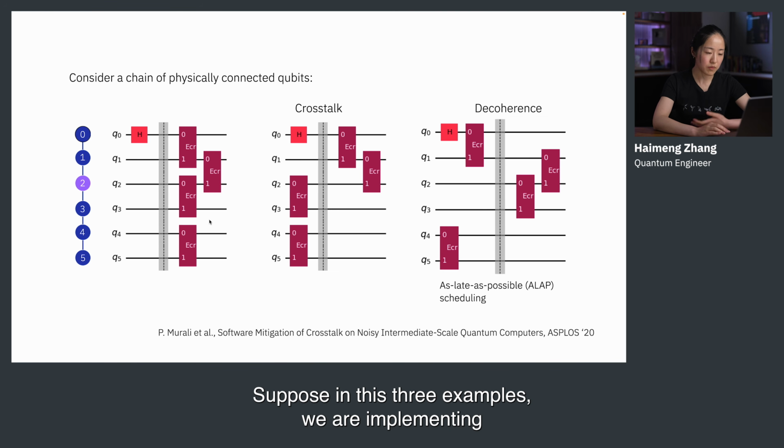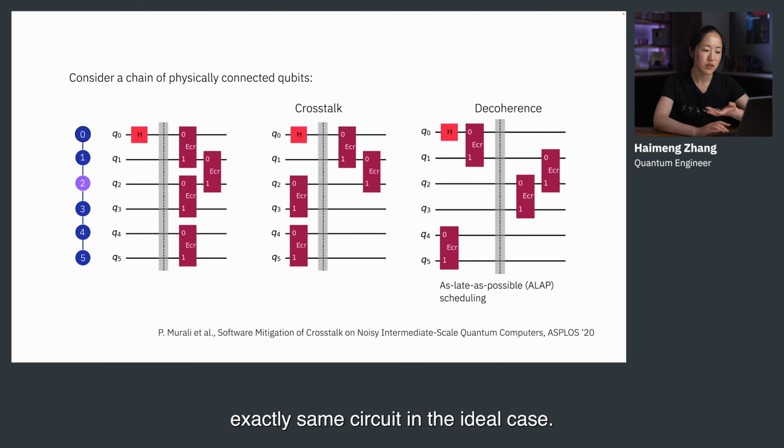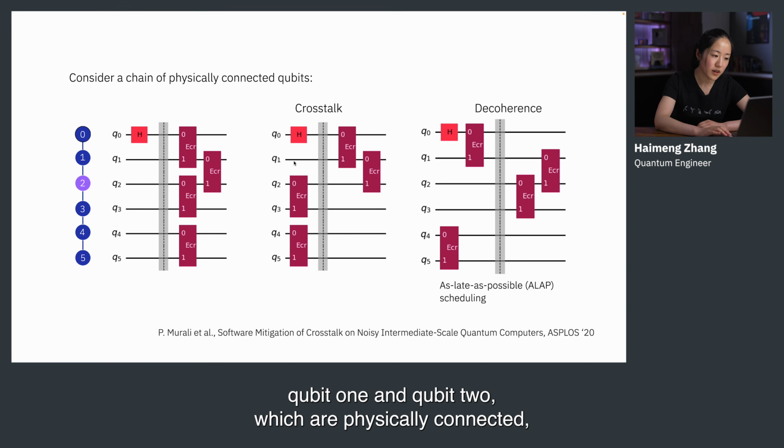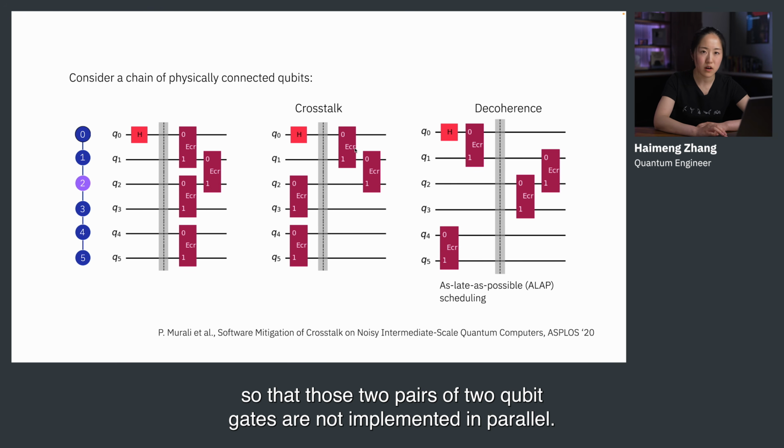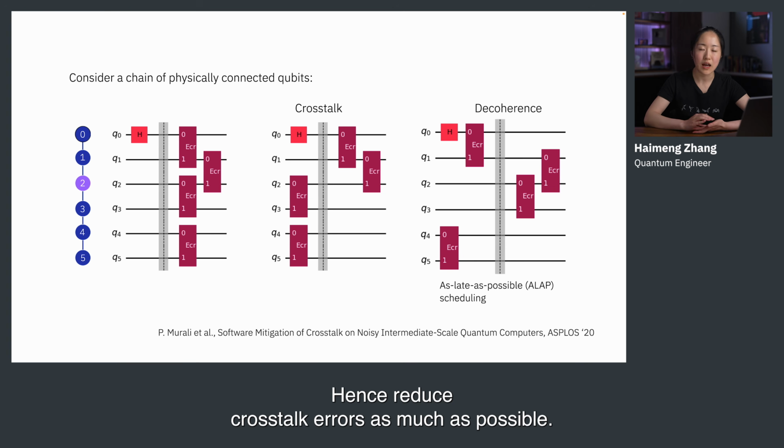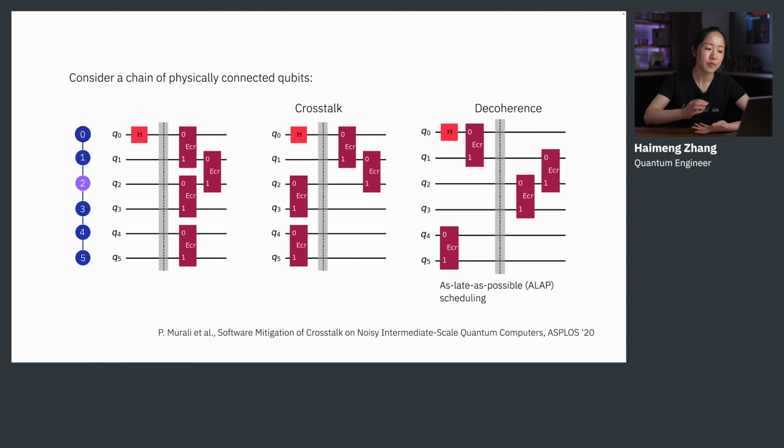What do I mean by that? Suppose in these 3 examples, we are implementing exactly the same circuit in the ideal case. But in order to avoid crosstalk between qubit 1 and qubit 2, which are physically connected, we can try to introduce a barrier in between those two 2-qubit gates so that those 2 pairs of 2-qubit gates are not implemented in parallel, hence reducing crosstalk errors as much as possible.